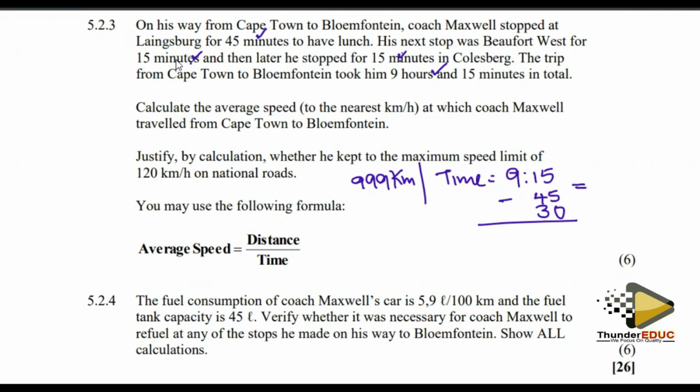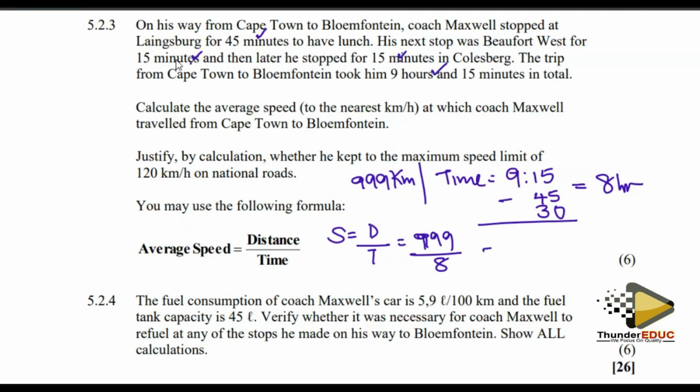So when you subtract 9 hours, 15 minutes minus 1 hour, 15 minutes, what do we end up having? We shall end up having 8 hours. So he drove for 8 hours. So the speed equals distance over time taken, which is 999 divided by 8.